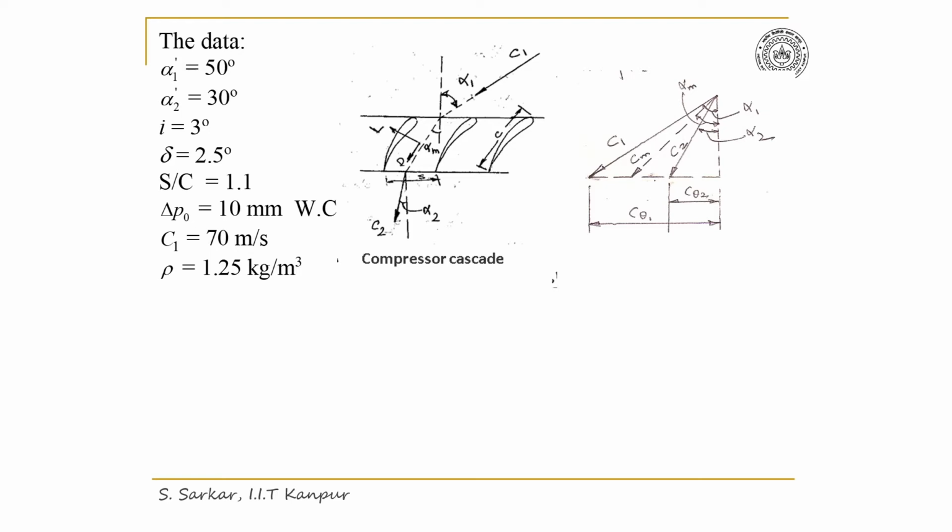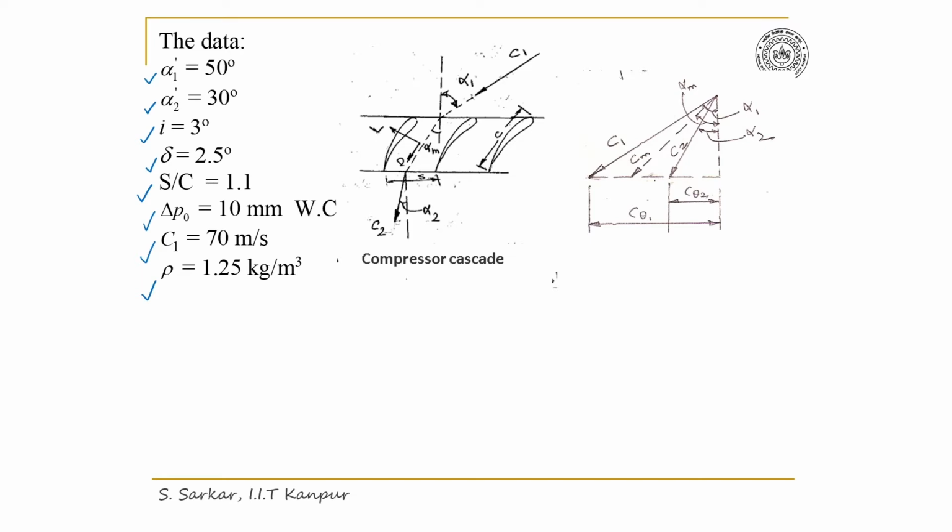I'll solve the problem now. So let me state the data. Alpha 1 dash is given as 50 degree, alpha 2 dash 30 degree, incidence 3, deviation 2.5, pitch to chord ratio 1.1, total pressure loss del P0 10 millimeter of water column, C1 70 meter per second, rho is the density 1.25 kg per meter cube.